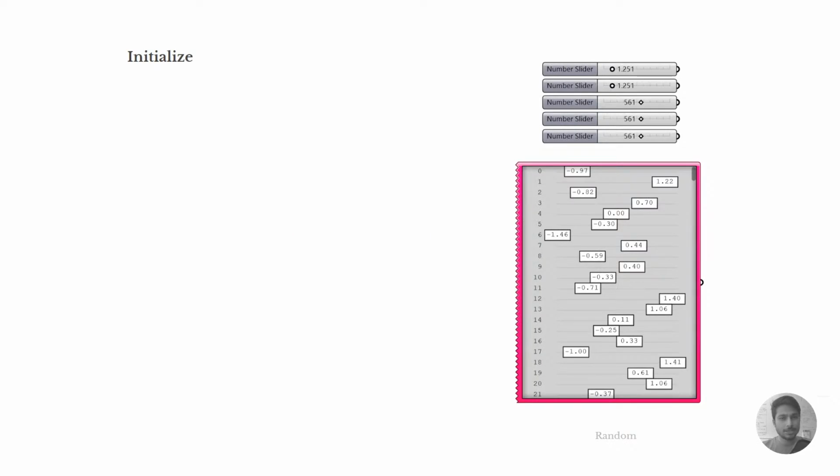So we generally initialize, in the context of Grasshopper, with random genes, random numbers, random values. Remember, evolution works at the gene level.